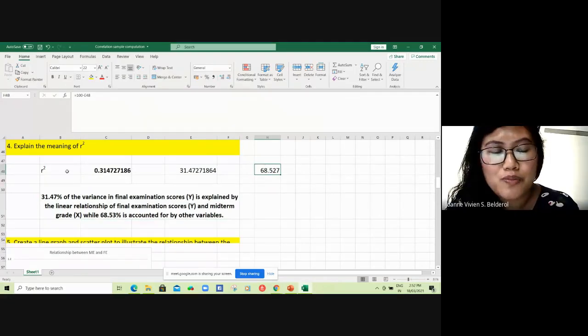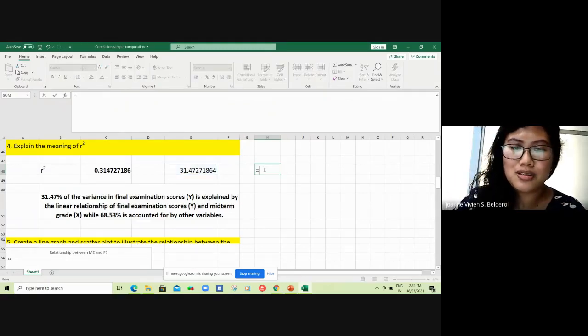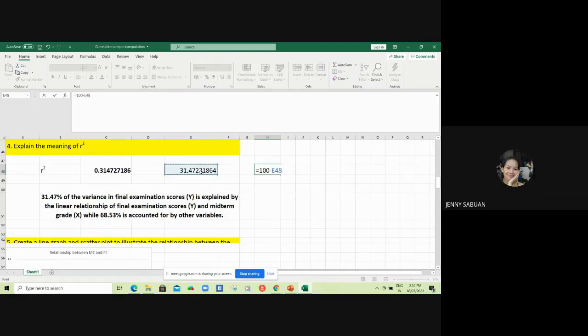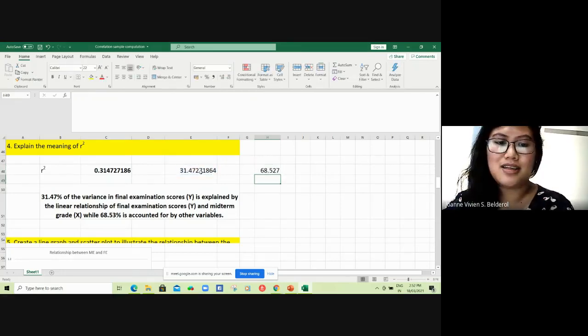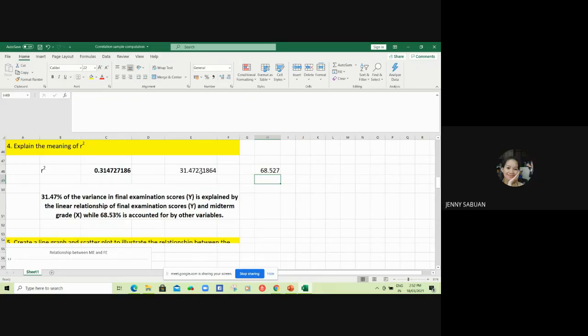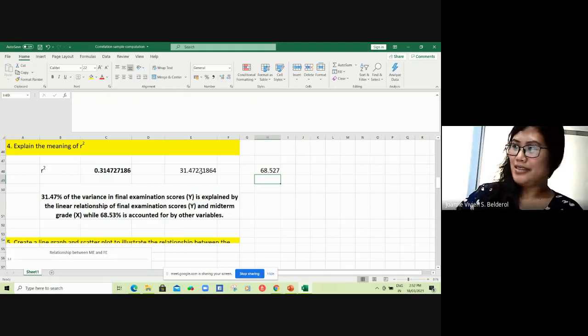When computing the R squared, our R squared is 31.47. So what we do is 100 minus 31.47. Enter, 68.527. Round off to 68.53%. Okay? What else?